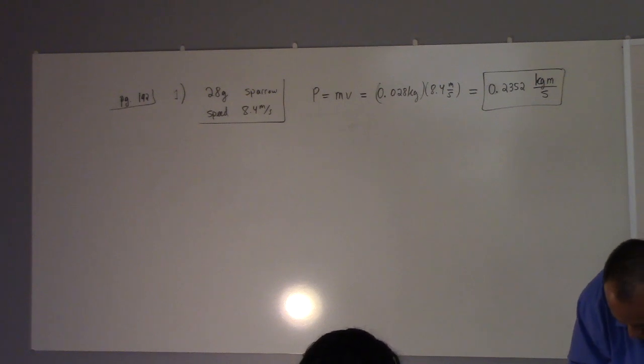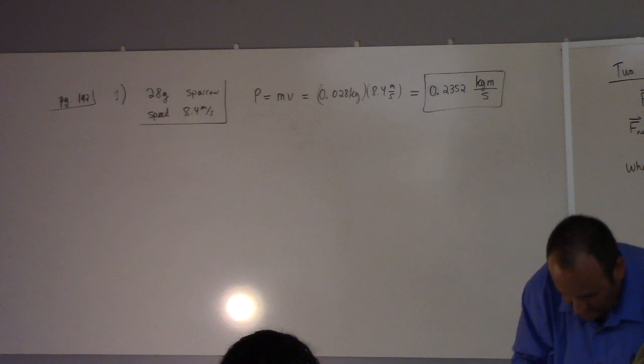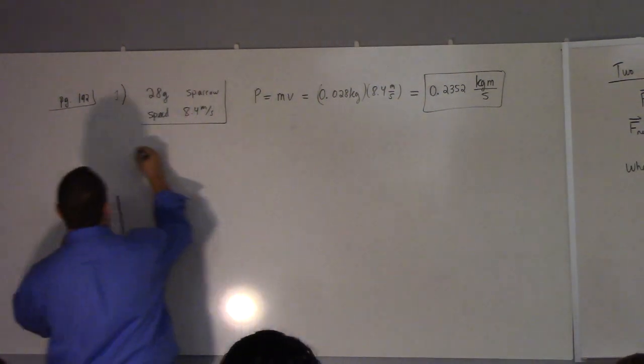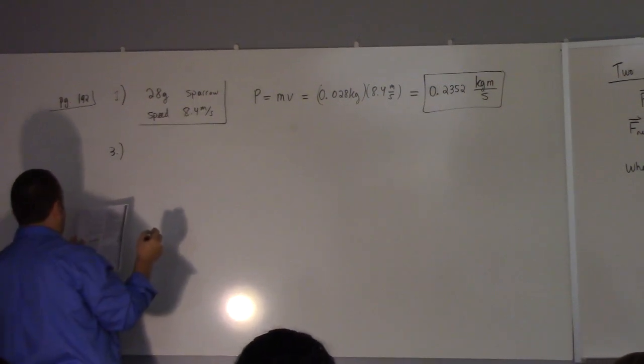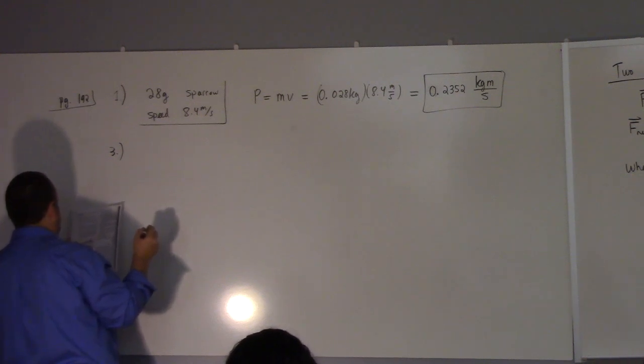Number 3 is actually a good problem. Let's work number 3. This is a pretty typical test question. We've got a 7,150 kilogram railroad car that travels alone on a level frictionless track with a speed of 15 meters per second.